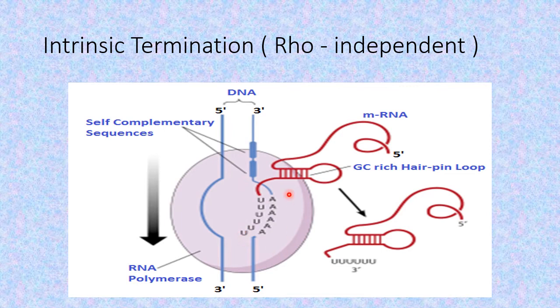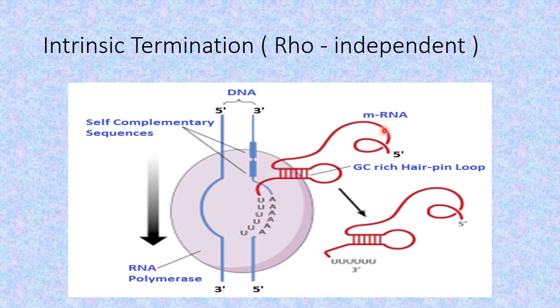And these specific nucleotide sequences involve two stretches of approximately 20 nucleotides which are self-complementary to each other. And this is followed by poly A, that is 7 to 10 adenine nucleotides.